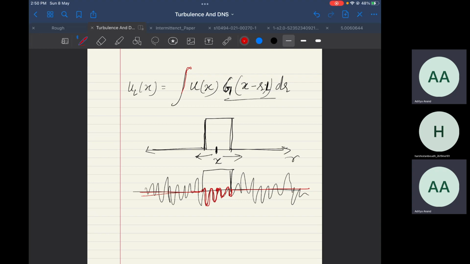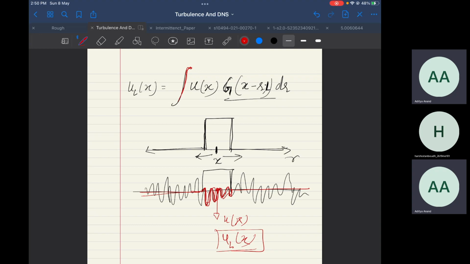So your velocity at x was your ux, but now it will be replaced by an average of this thing. So now it's a filtered velocity ux. Okay, so that's how this convolution integral works.